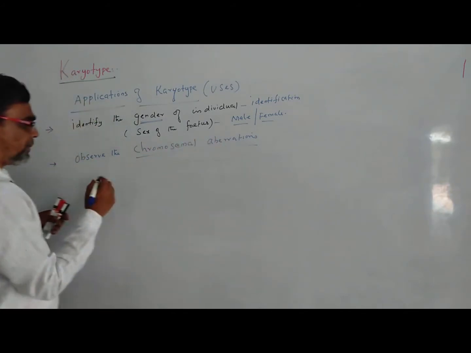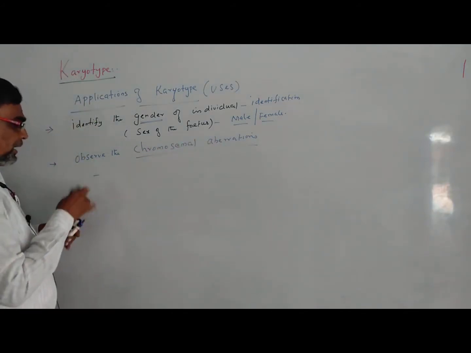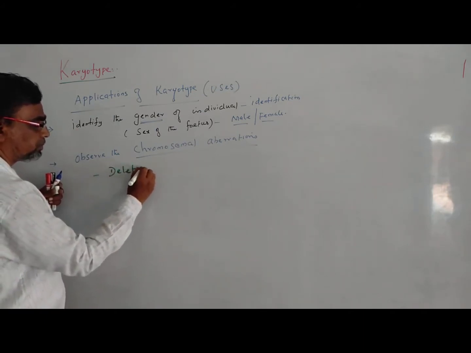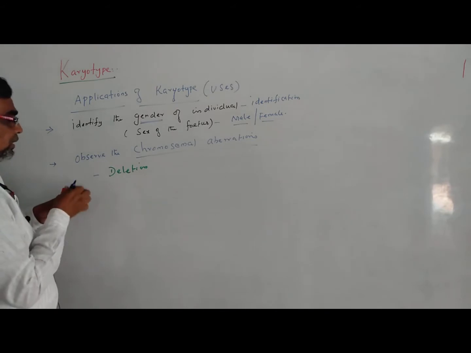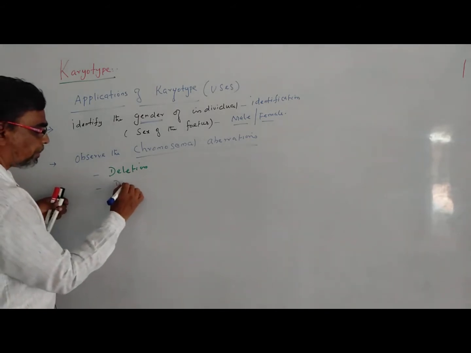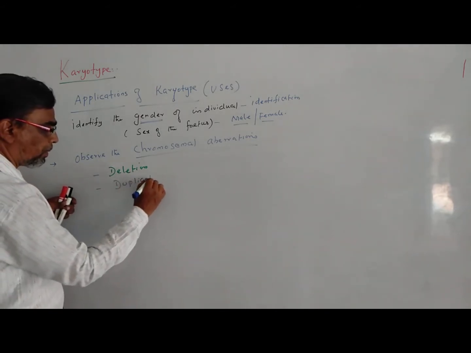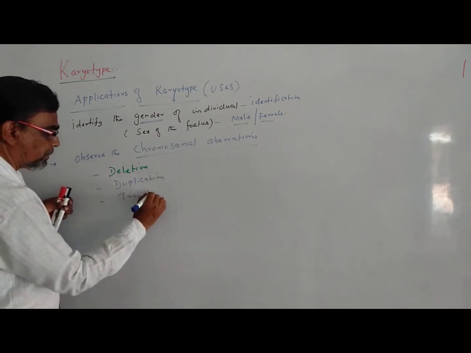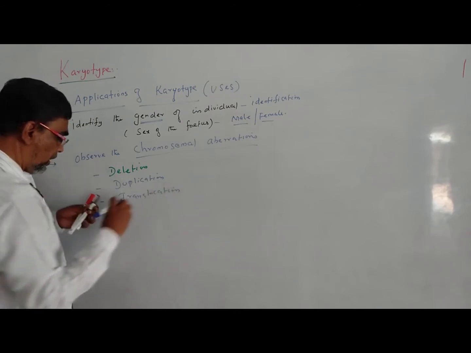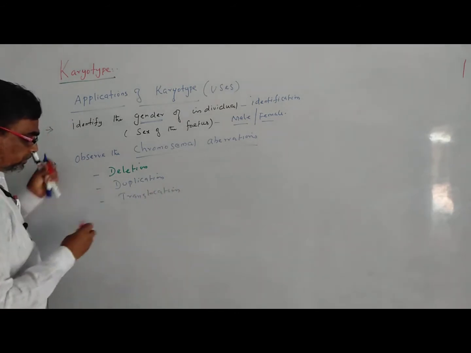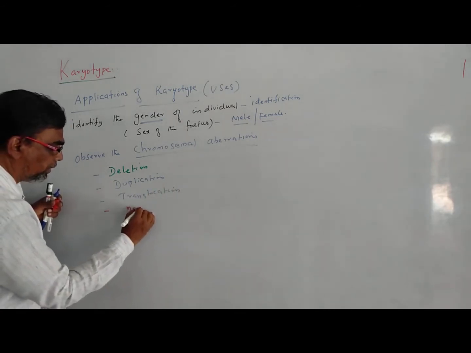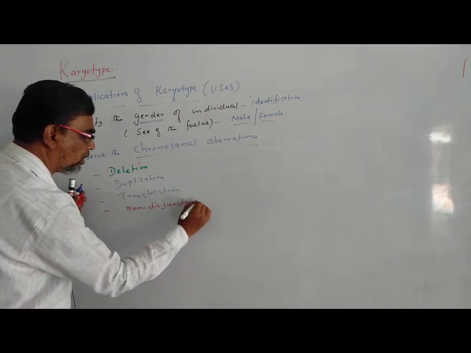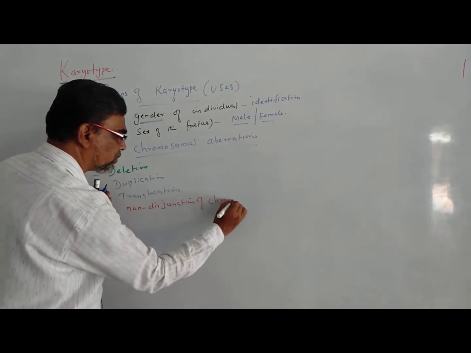It has various aberrations, for example deletion, duplications, then translocations, and one more, called non-disjunction of chromosomes.